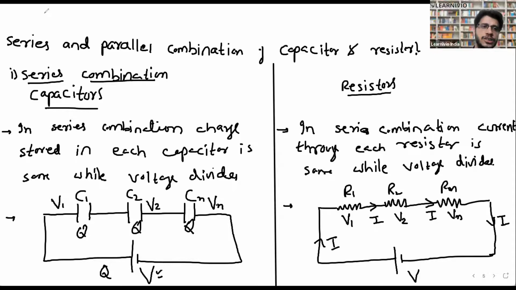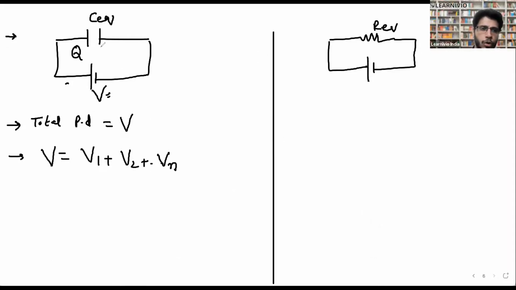See, there is a relation between voltage and charge. You can write that voltage is Q by C. If you have charge and capacitance, you can find voltage. The total charge stored in this capacitor is Q, and the total capacitance is C equivalent.